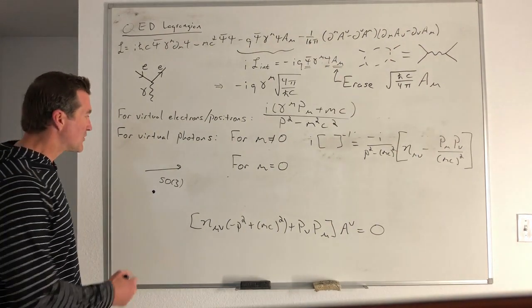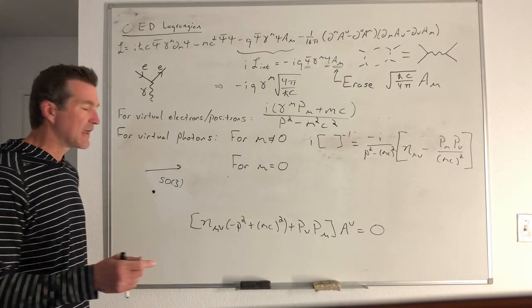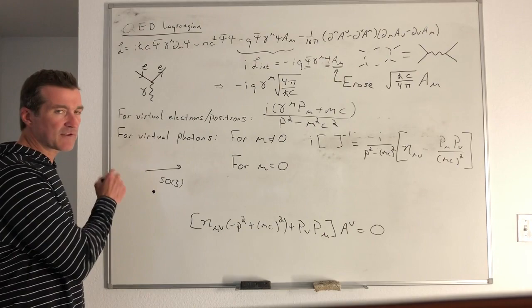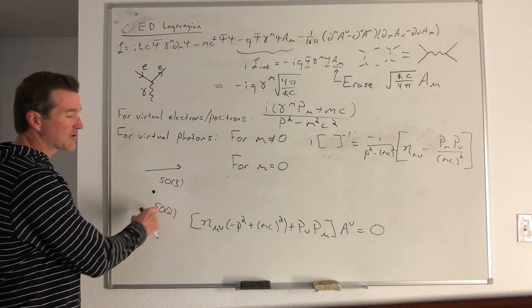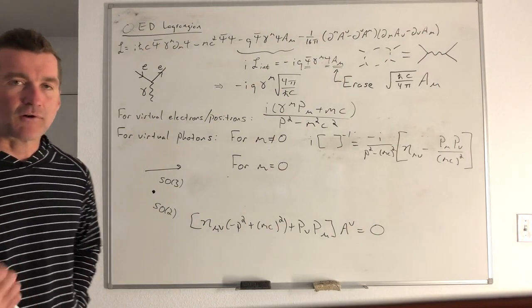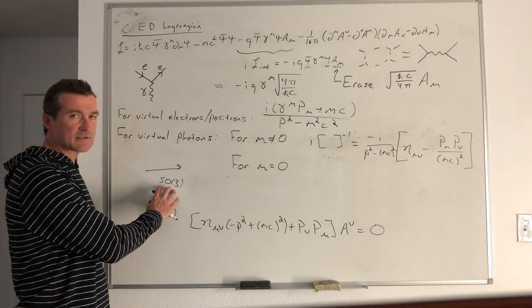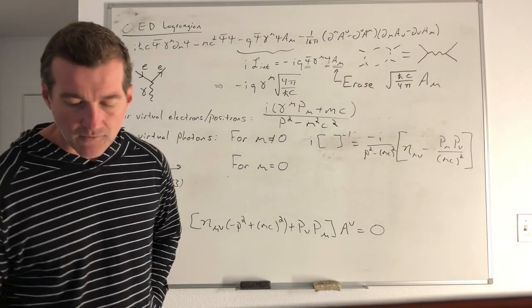So the best you can do is align its momentum along some spatial axis and then ask, what transformations can I do that leave that momentum invariant? And that turns out to be SO(2). And these are reflected in the fact that if you have a photon that's massive, it has 3 polarizations, whereas if you have a photon which is massless, it only has 2.